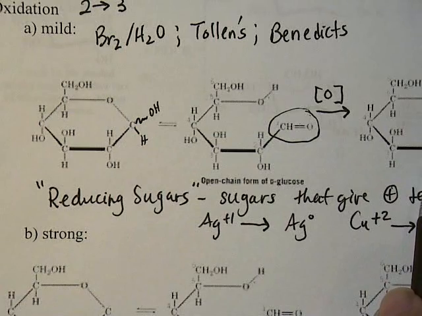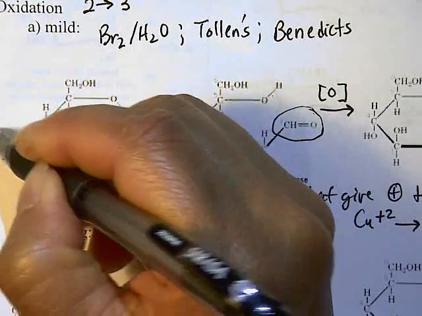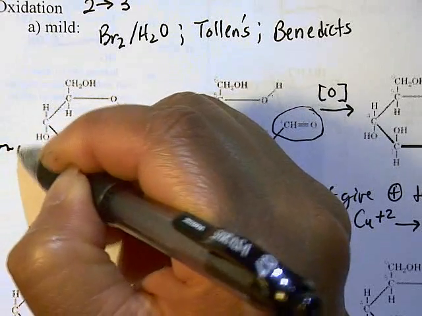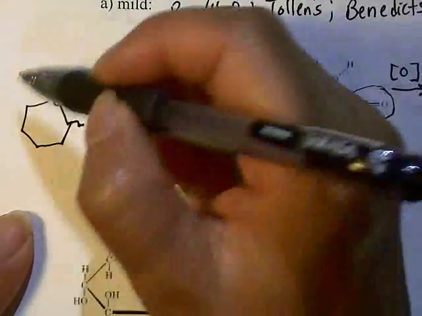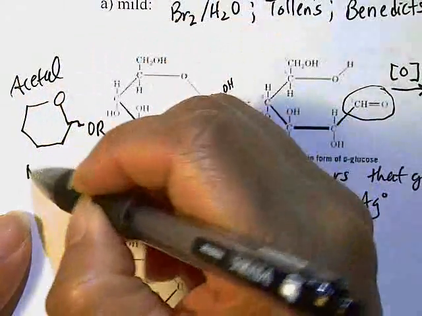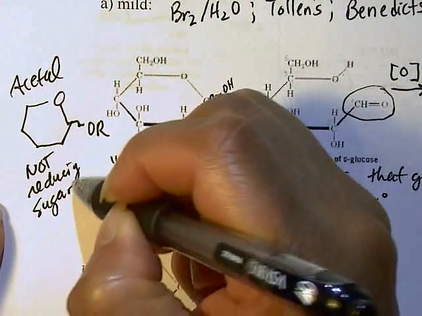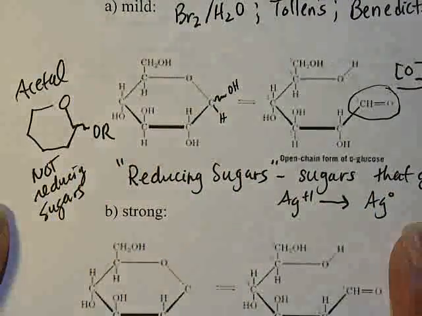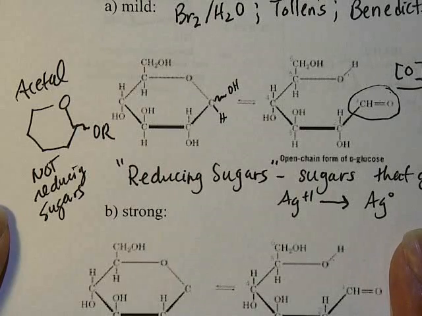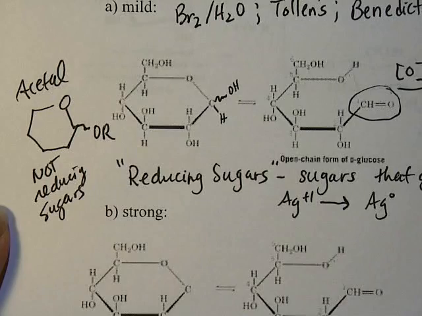All right, if the sugar is in the acetal stage, in other words, you have an OR group here, so not a hemiacetal but an acetal, these are not reducing sugars, and they're not going to have any effect with sodium borohydride either. So in other words, acetals are more stable, they're not going to be able to open up, so it's stuck in the cyclic stage, so therefore it's not a reducing sugar.